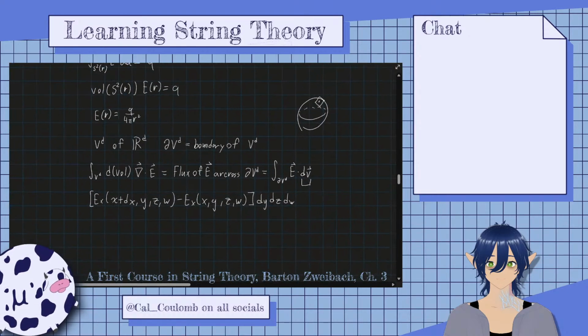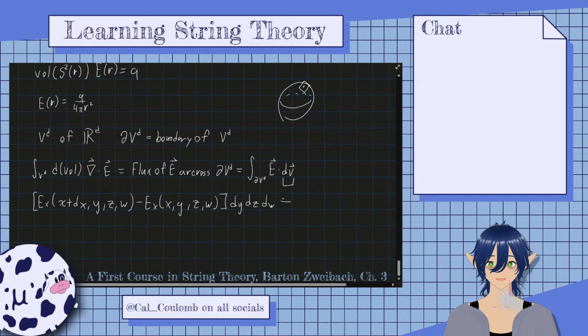Right? So this is approximately partial E_x over partial x, dx dy dz dw.